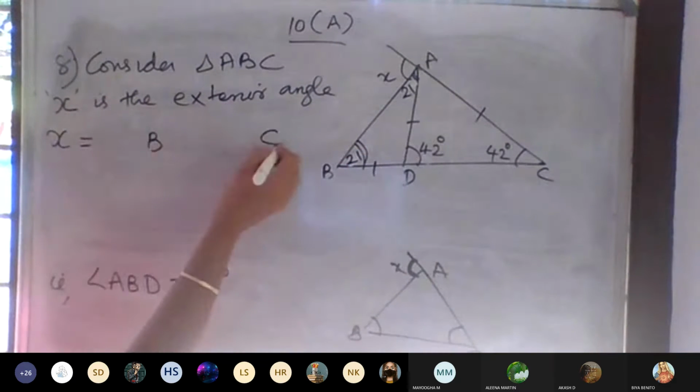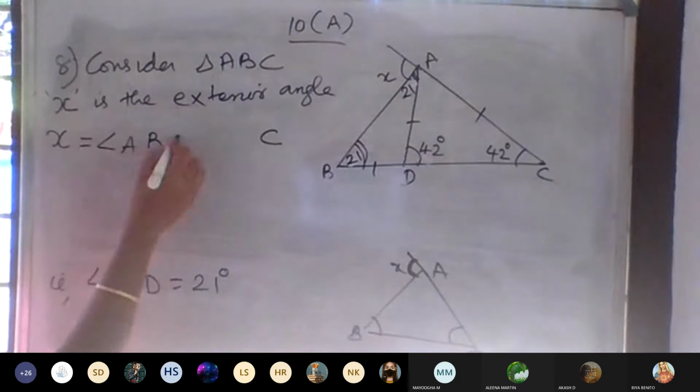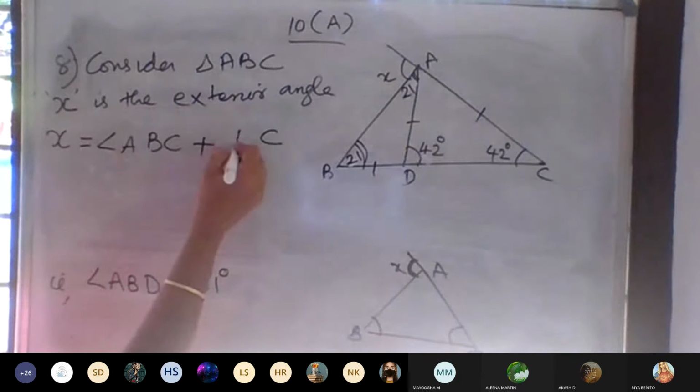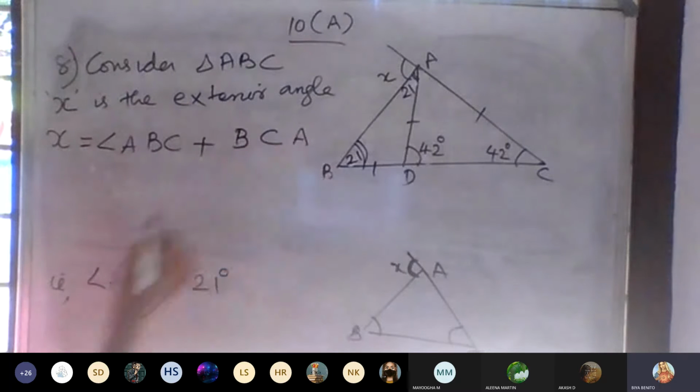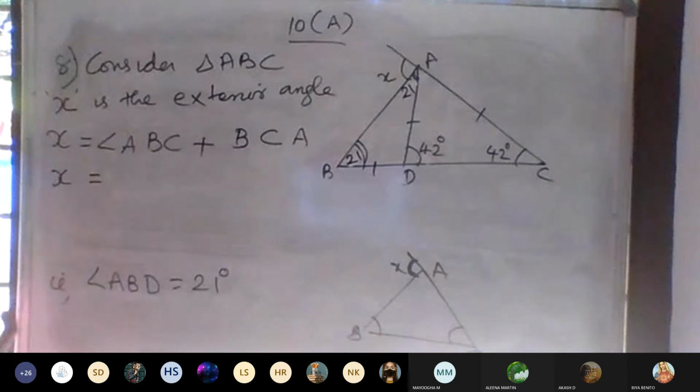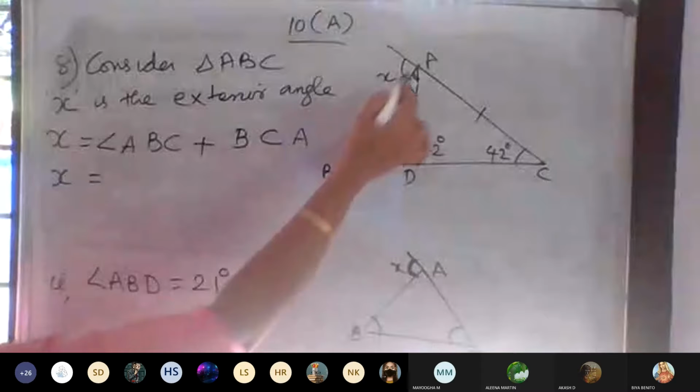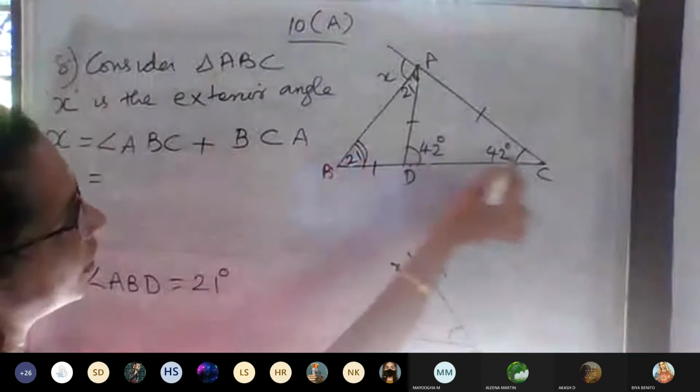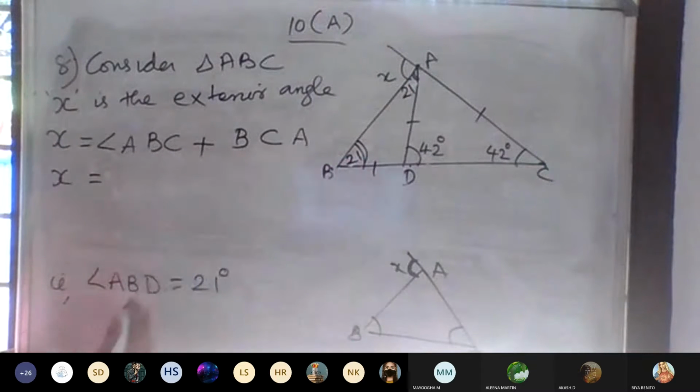Angle B plus angle C, that is angle ABC plus angle ACB. So X is equal to angle ABC. Directly from the figure we can write, no. ABC means what? ABD, no? ABD is same as ABC. Both angles are at B, no?